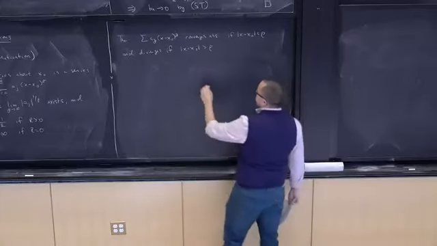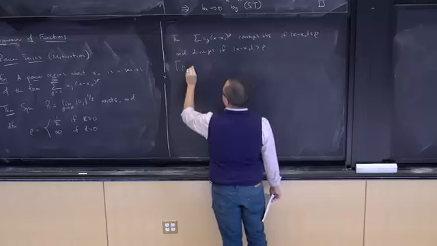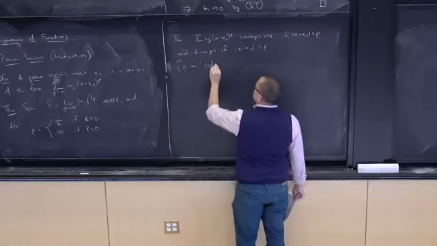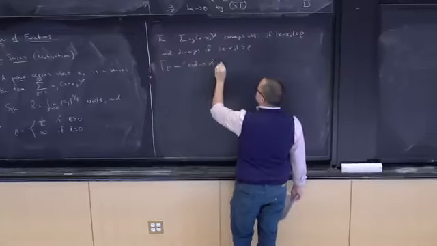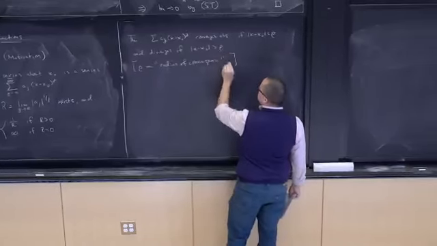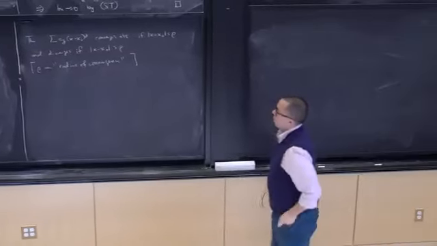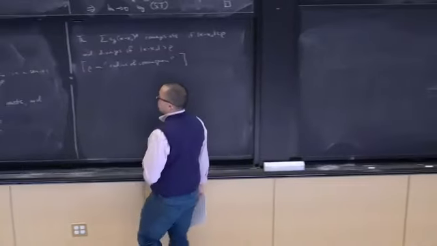Okay? And this number rho we refer to as the radius of convergence.